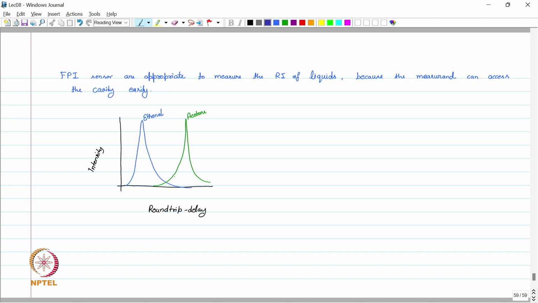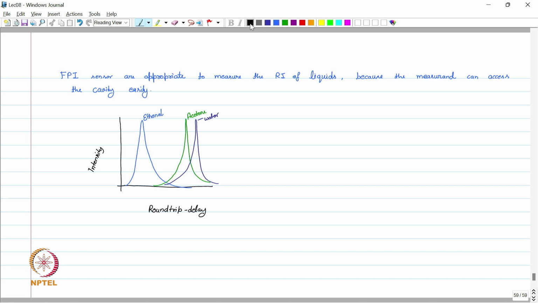In some other case we can have something like this, where the liquid we pour in the cavity is water. So based on the different liquids that we pour in the cavity, we get different peaks in this graph, which is intensity versus the round trip delay.